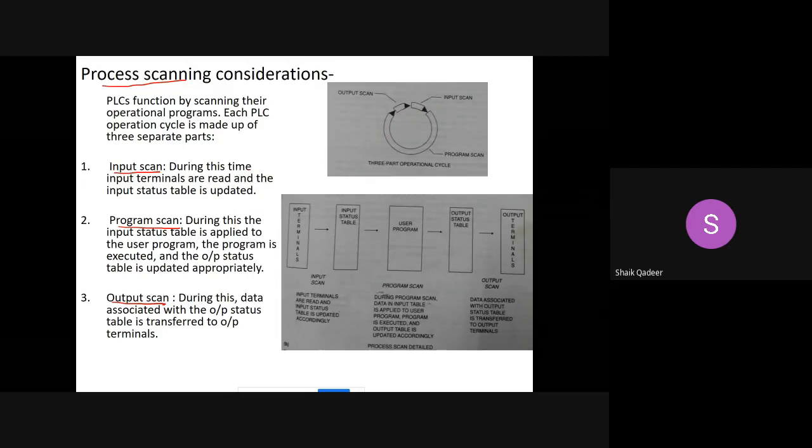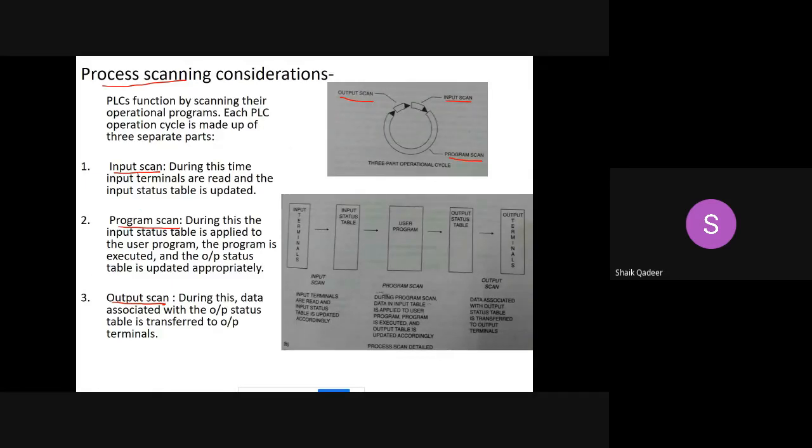So we can understand that with the help of this circle. There are 3 parts of the PLC scan. In one part, all inputs are scanned. In the second part, the program is executed, and that is called program scan. In the third part, the outputs are updated, and that is called output scan. Just see this thing.